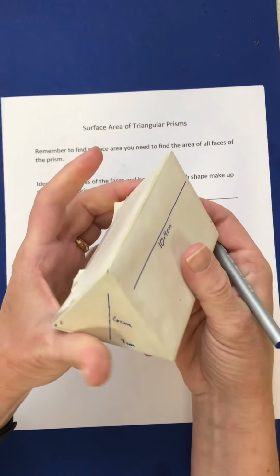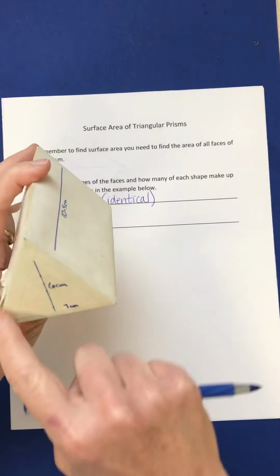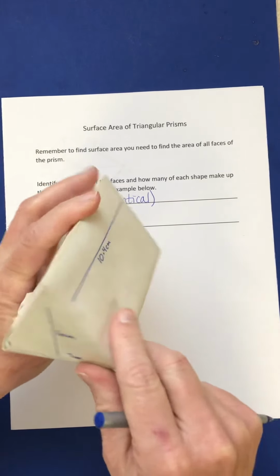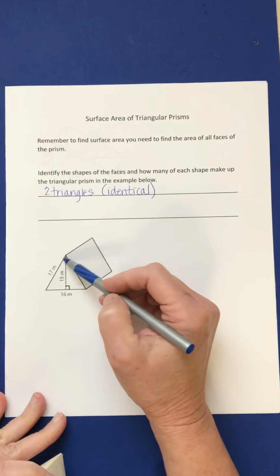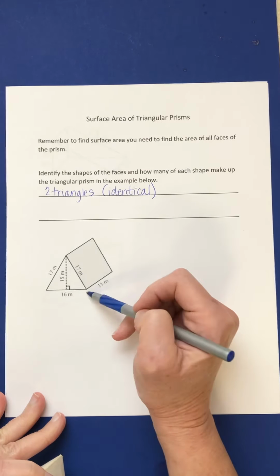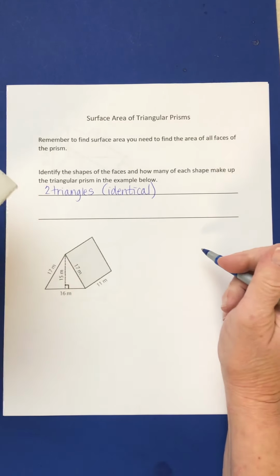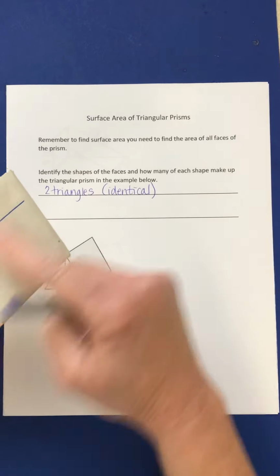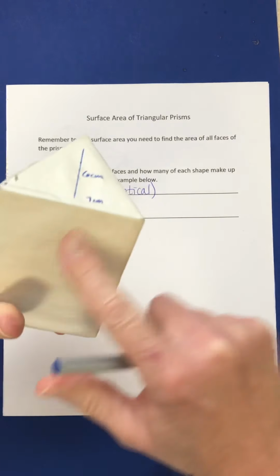With this particular one, this is actually a special triangle. It's down here also on your paper. It's going to have two sides that are the same, and that's called an isosceles triangle, if you remember that from before. We're going to have a rectangle face here, a rectangle face here, and one down at the bottom.